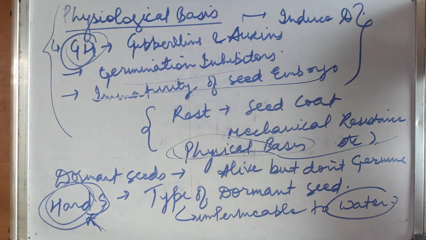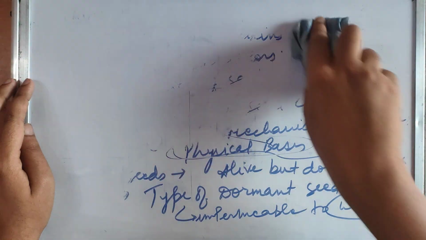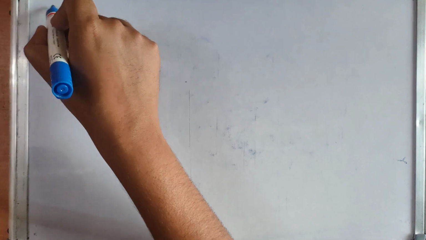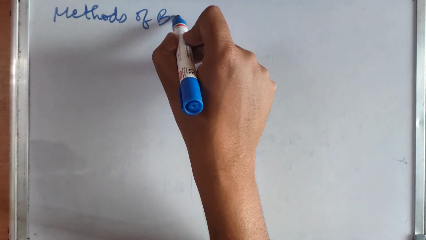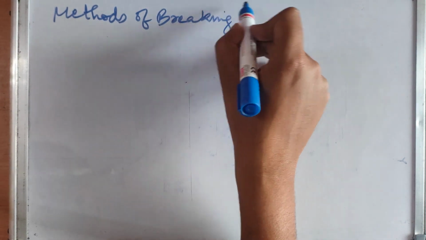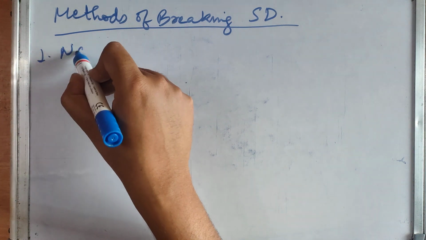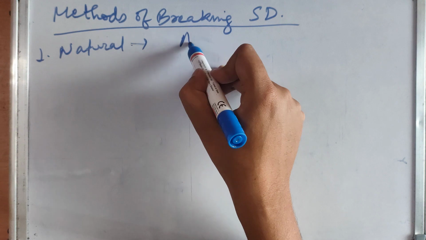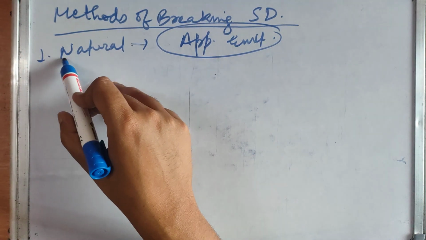Now, how can we break seed dormancy? We need to break seed dormancy if we want the seeds to germinate. Methods of breaking seed dormancy. First one is natural methods. That is, when the seed gets a suitable environment, it naturally breaks dormancy.